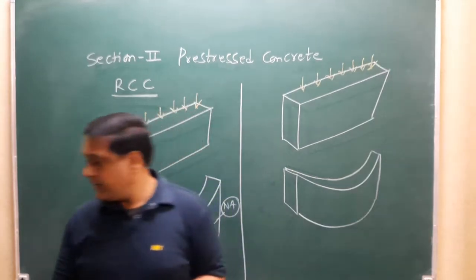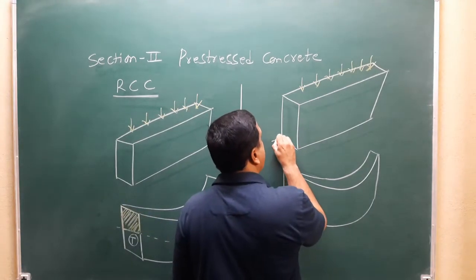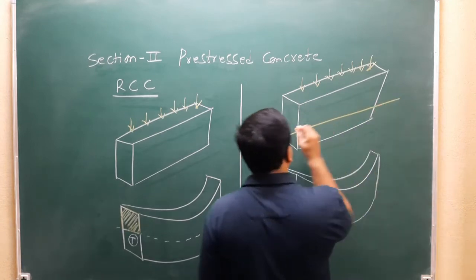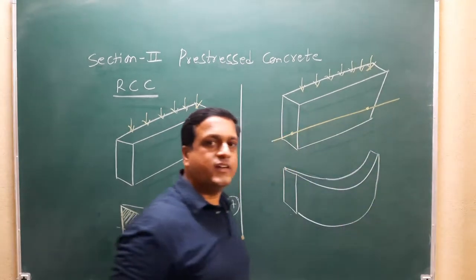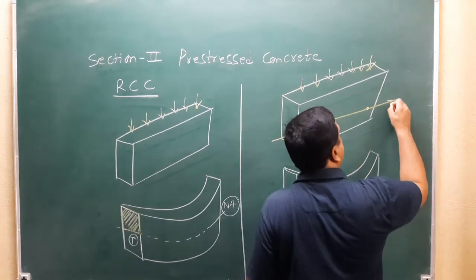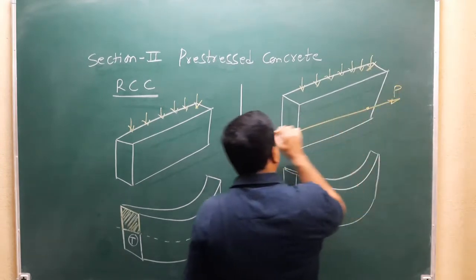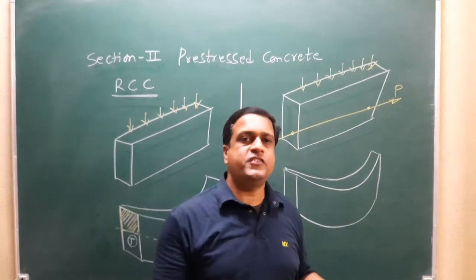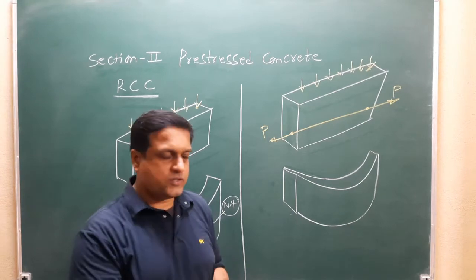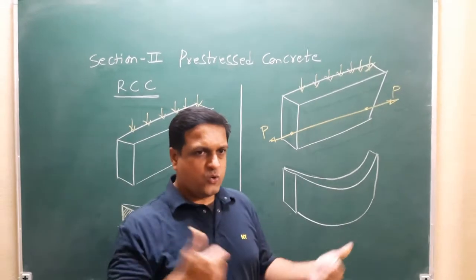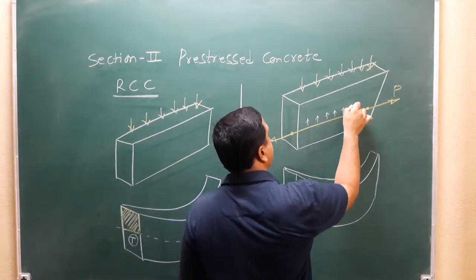Now you have to provide one high tensile wire passing through the concrete, and stretch that wire by applying one high pre-stressing force, and due to that stretchness of wire, the upward thrust is developed internally.